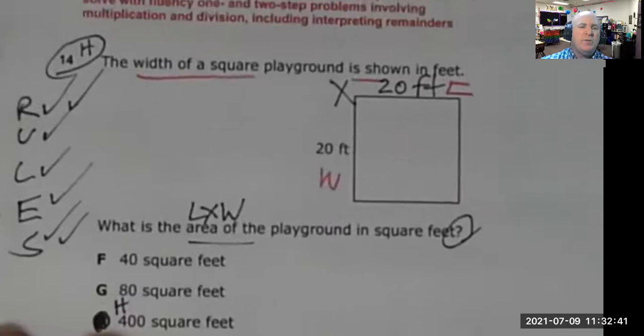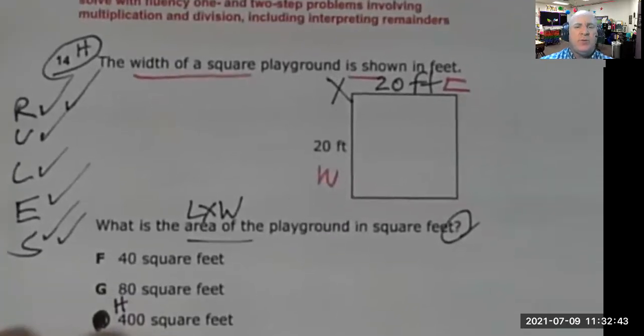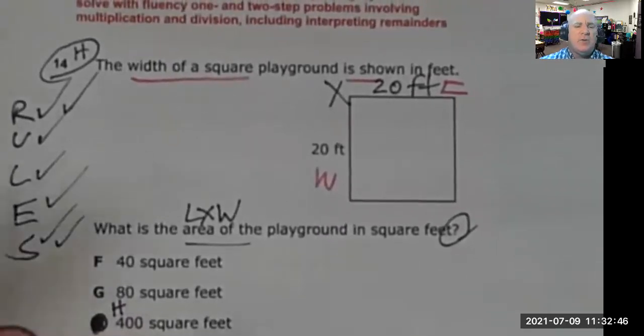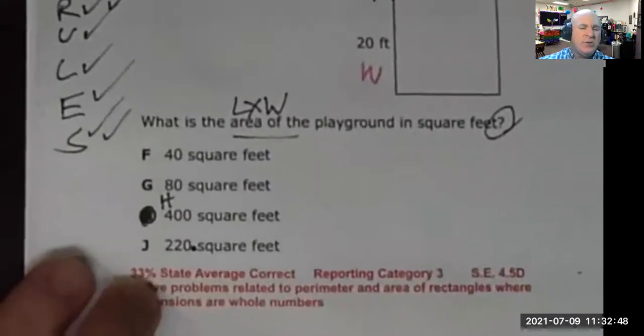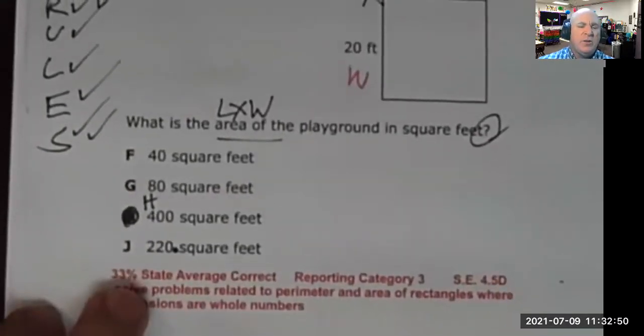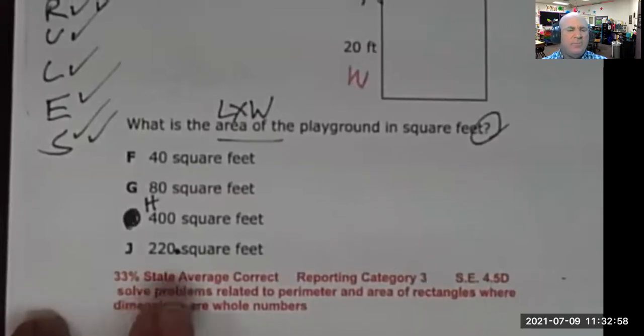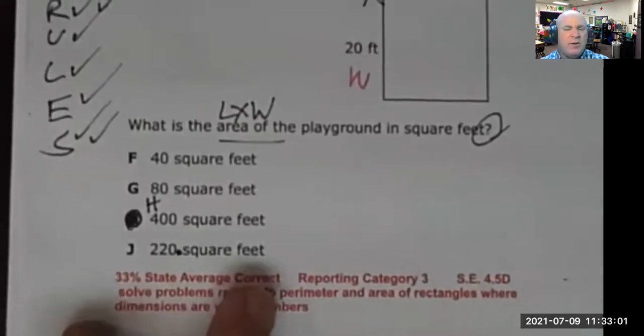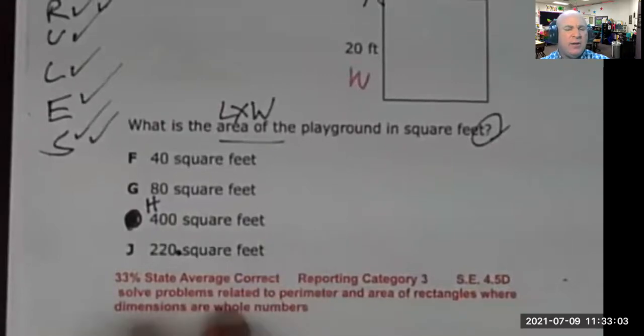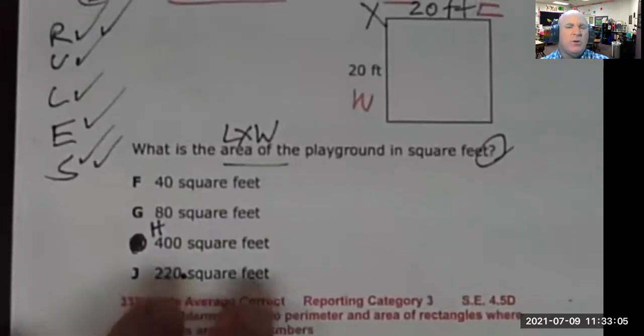This first question came from fourth grade. It was number 14. And let's see how your students did in Texas. Only 33% of the kids in Texas got it correct. It was reporting category 3, student expectation 4.5D. Solve problems related to perimeter and area of rectangles where dimensions are whole numbers.